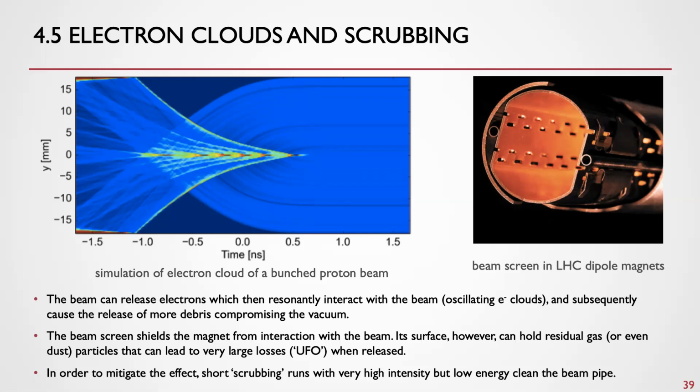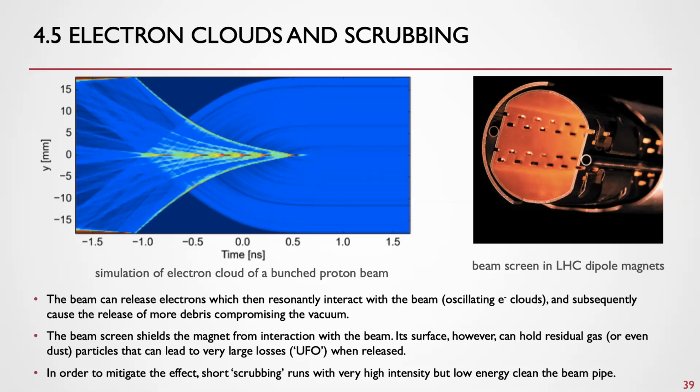So what you can get is oscillating electron clouds between the walls of the beam pipe, resonantly driven by the proton beam. And this at the end can release debris that may be stuck to the beam pipe somewhere, and can also interact itself, so the electrons can interact with the beam.